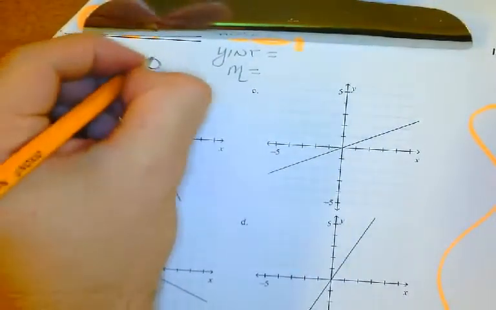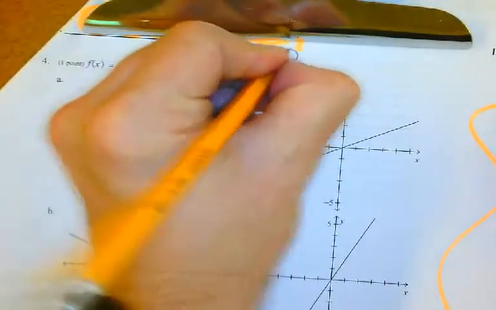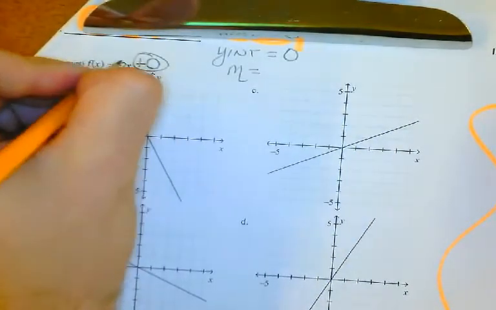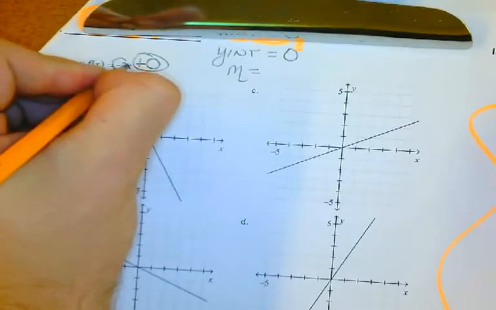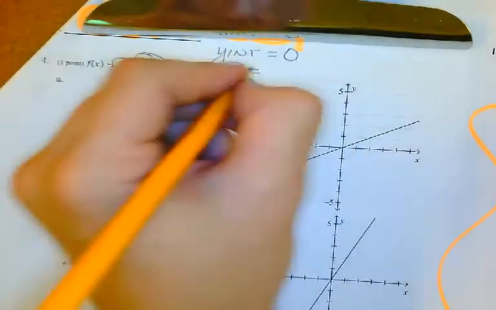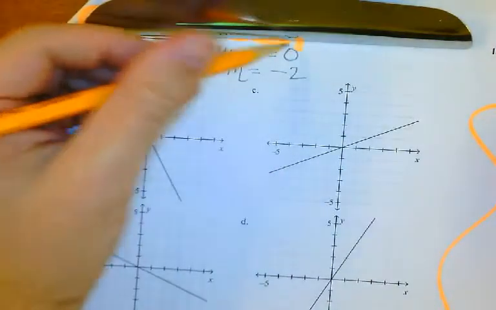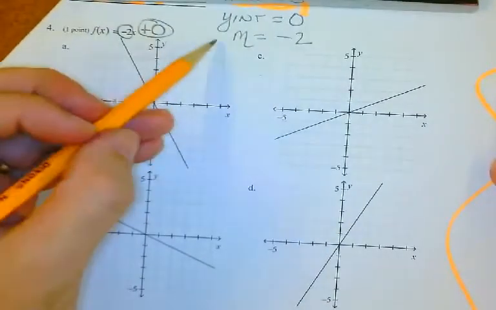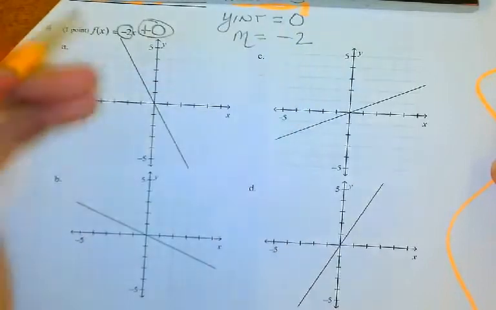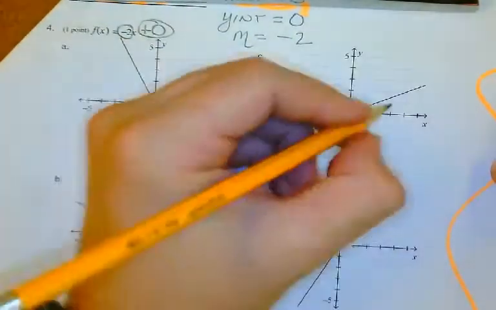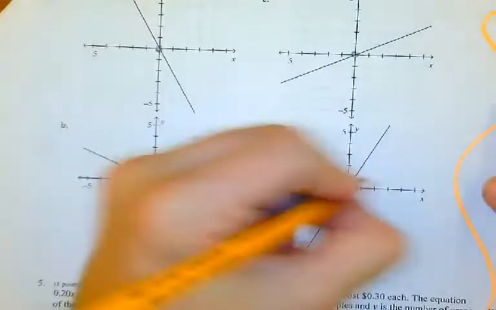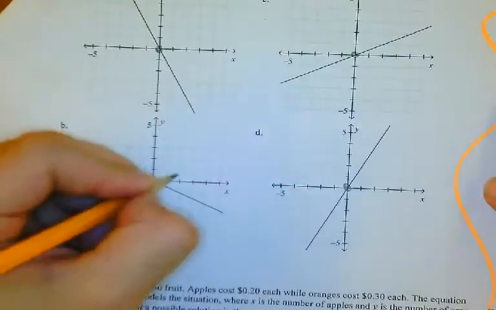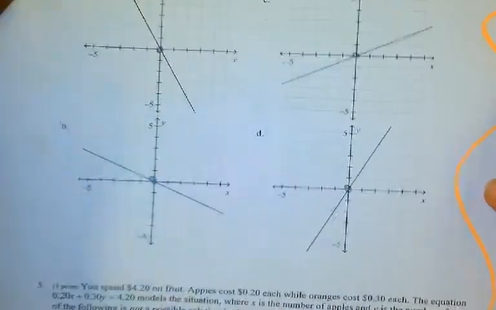My y-intercept has to be 0. My slope has to be the number in front of my x here, which is a negative 2. So let's look for our 2 clues. I see a line that goes through 0. This line goes through 0. This line goes through 0. This is through 0. And this is through 0.